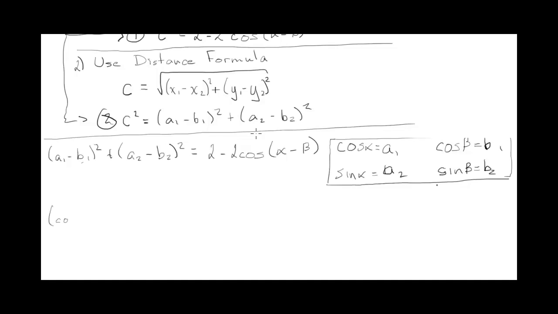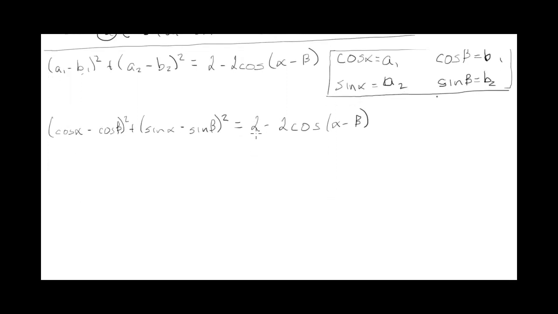So I have (cos alpha minus b1, that was cos beta) all squared, plus (a2, that's sine alpha, minus sine beta), and that's equal to 2 minus 2 cos alpha minus beta.